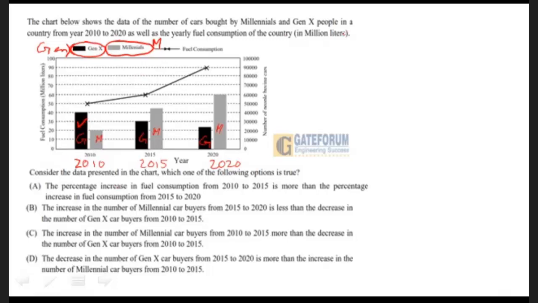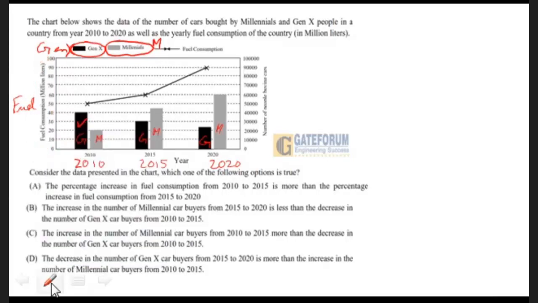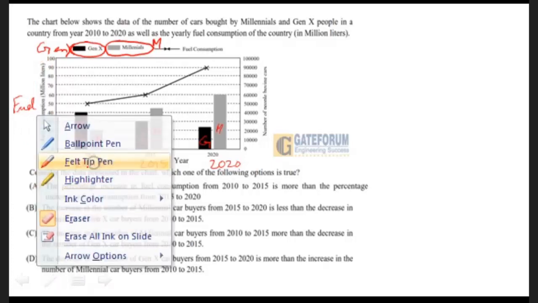As well as the yearly fuel consumption of the country in million liters. So I think this is fuel consumption in million liters. This is the fuel part. Slightly hazy on this, but we can manage.